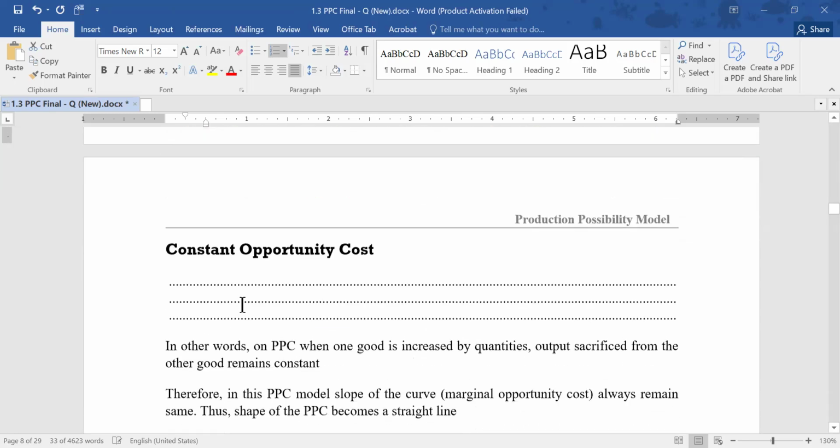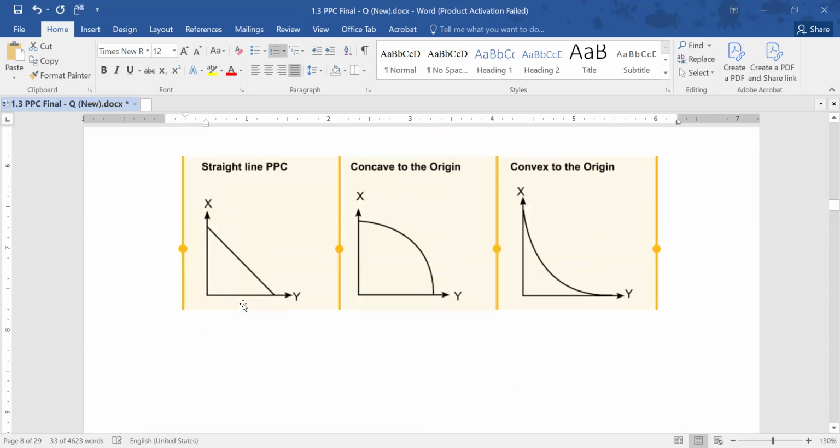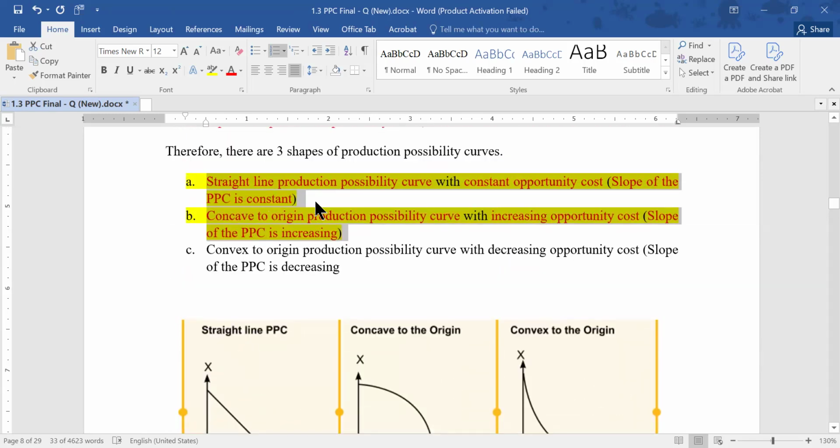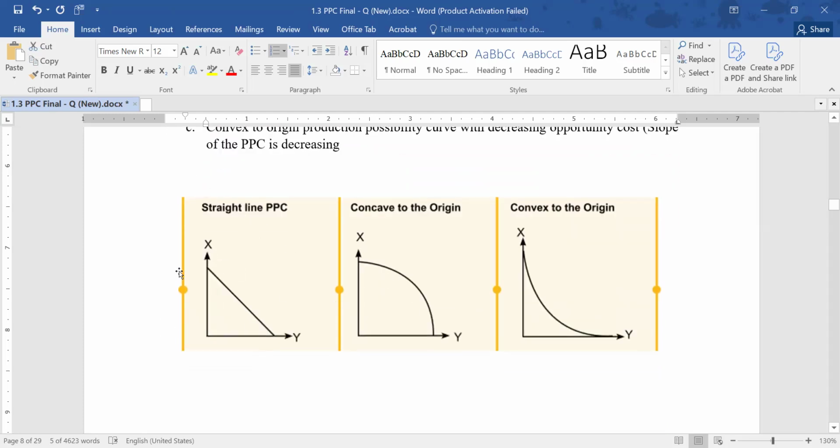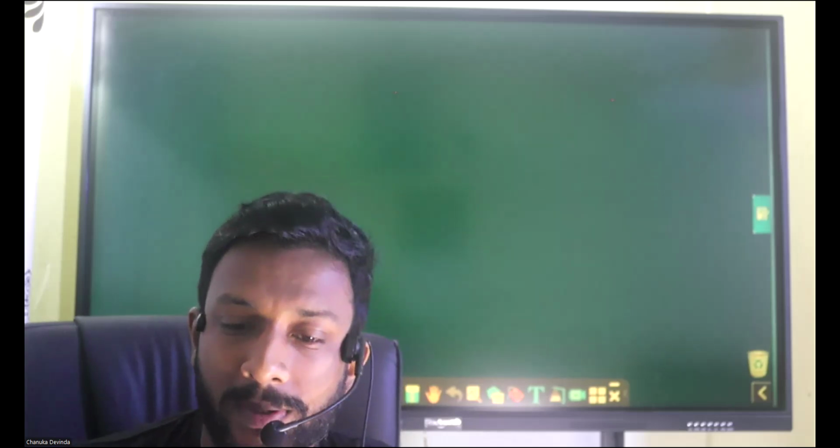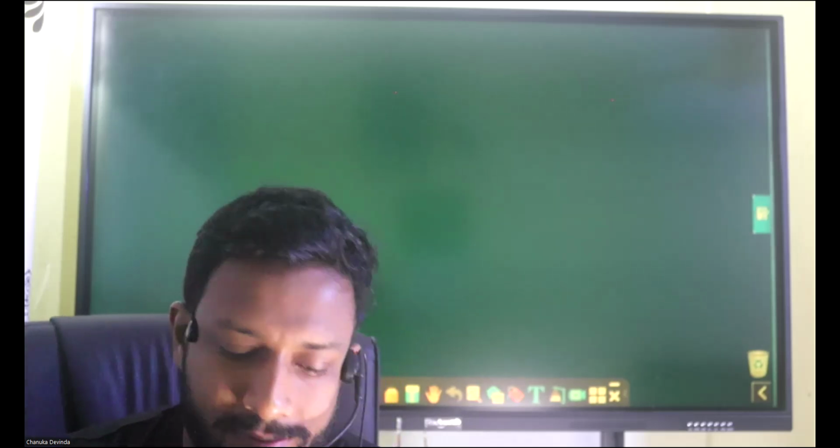So next, we come to the first one, the straight line production possibility curve, which means constant opportunity cost. The slope is constant. As we know, at every point on the PPC, the slope remains constant, right?